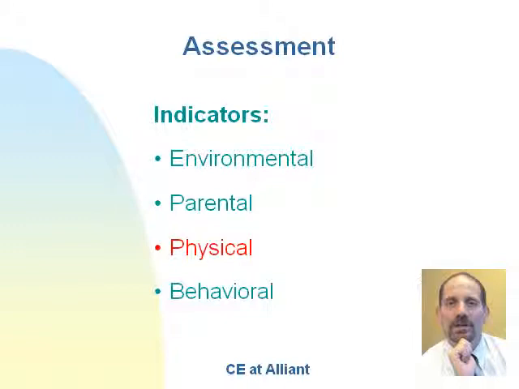That's not within our purview, unless you're a nurse practitioner or a physician. But if there is an injury or some kind of physical harm to a child, with an inconsistent or non-existent explanation, that should raise concern. It's not always the case that a child's been abused, but it's the inconsistency or the non-explanation that should raise your concern.